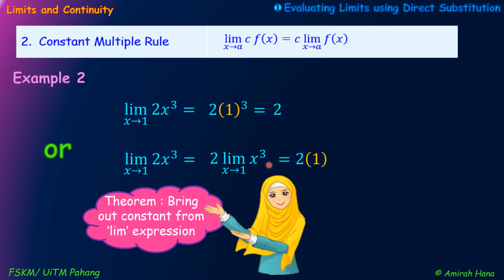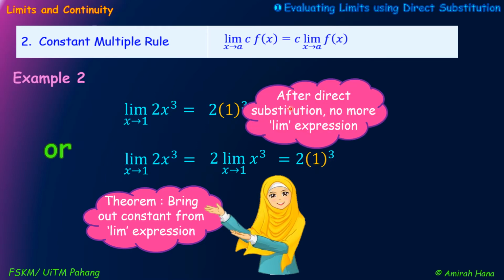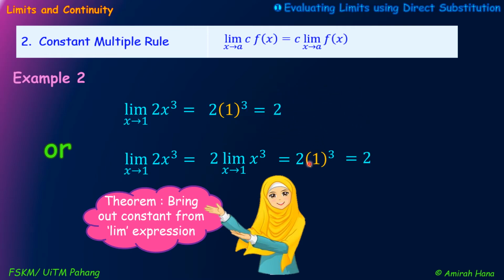After that, we use direct substitution. We plug in 1 for x, so we get 1 cubed. Now we have 2 times 1 cubed, and it equals 2. Remember, after we use direct substitution, there is no more limit expression. So the final answer equals 2. We can use this method or that method.